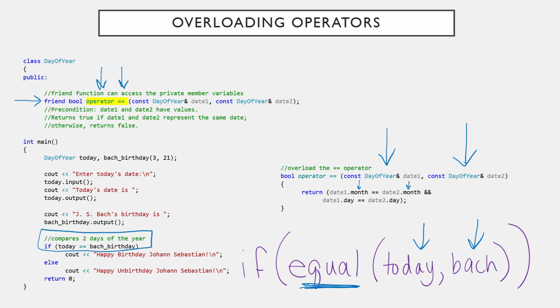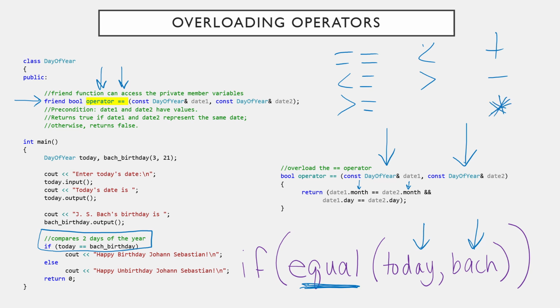So that's overloading the equality operator. This is not an assignment operator. This is a comparison, like equals, less than or equal to, greater than or equal to, less than, greater than, plus, minus, multiplication.